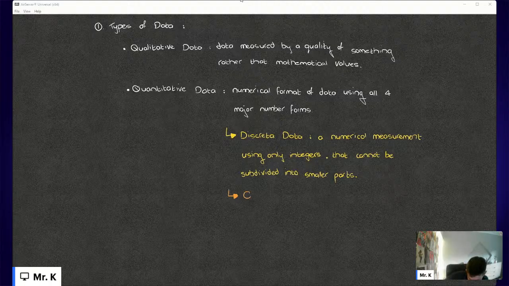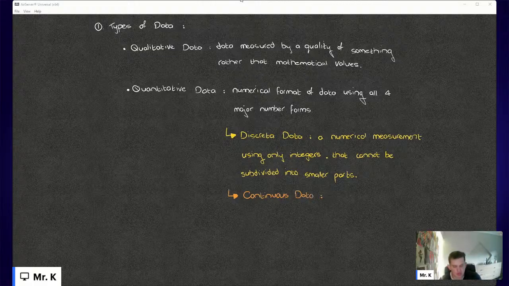But the other kind of data that we work with is what we call continuous data. The reason why we need to make a distinction between these two is because they inform our choice of data representation.